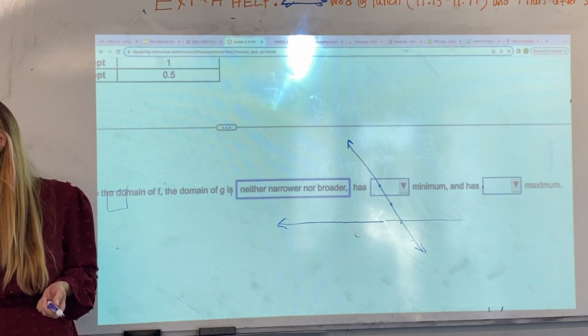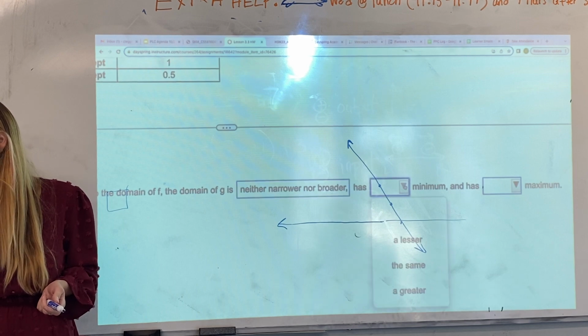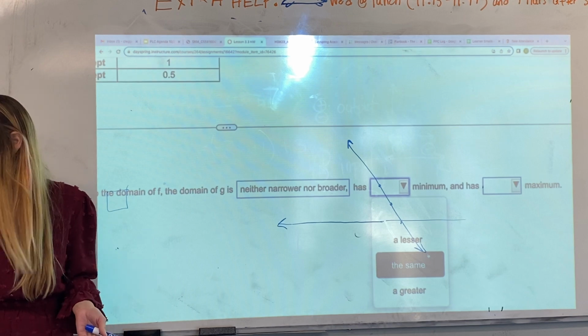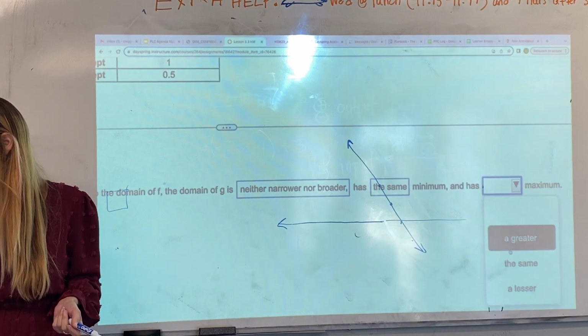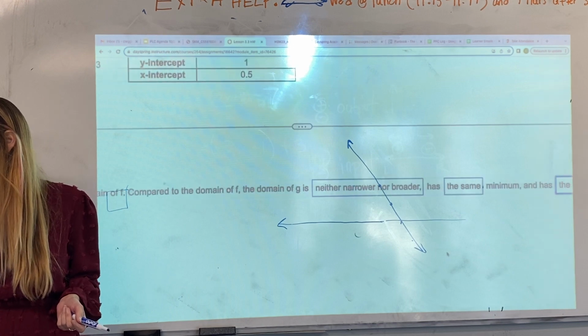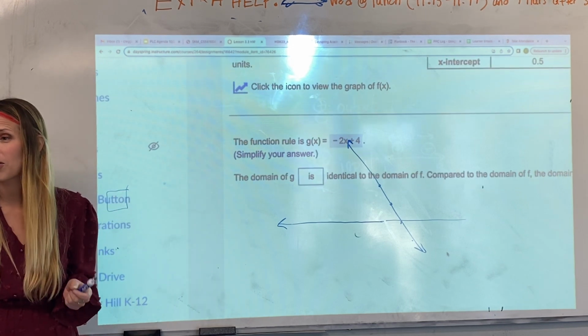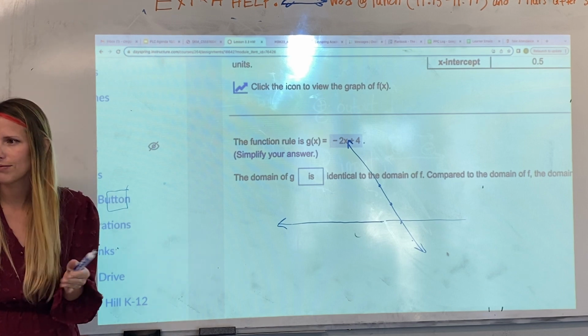The domain of g is neither narrower nor broader, has the same minimum. The minimum is negative infinity. And has the same maximum. So even though that has a lot of parts, it's actually super easy, right? Because once you identify that the domain is identical, then everything is the same.